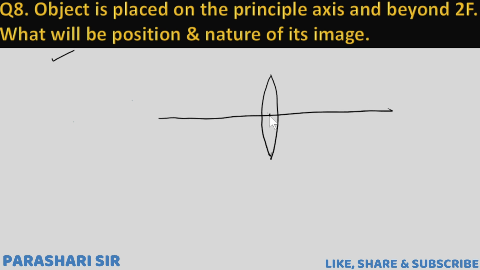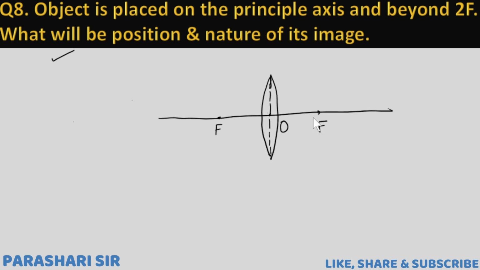The centermost point inside the lens happens to be the optical center. This is the line of refraction. This is the imaginary line from where we show the refraction. Yes, for the case of thin lenses. This is the position of first focus. And this is the position of second focus.